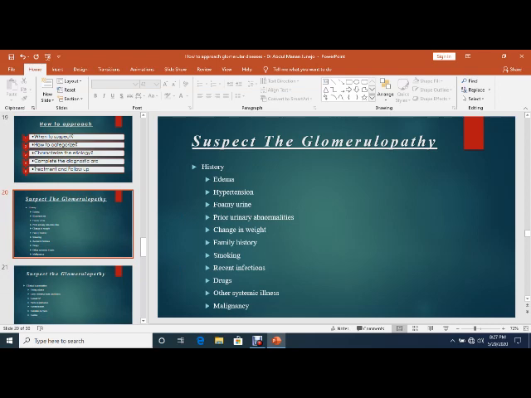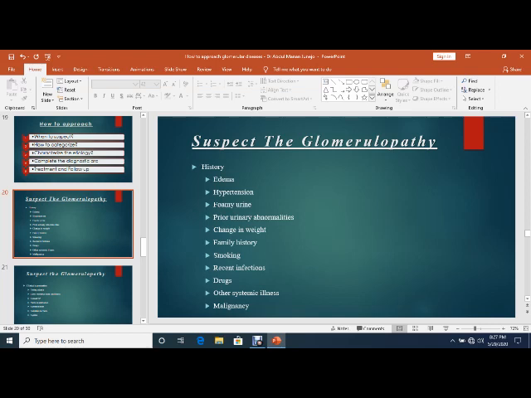So when you suspect glomerular disease, history is very important. These patients can present with edema, hypertension, foamy urine. Foamy urine is suggestive of protein in the urine. They can present with change in weight, weight gain. Family history of renal disease, and smoking are also important etiological factors.